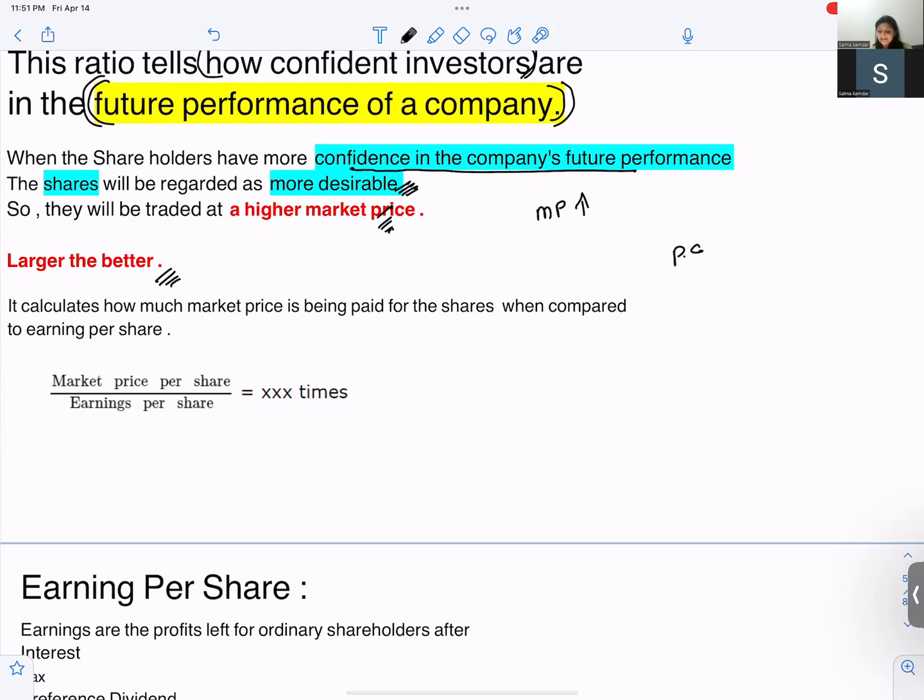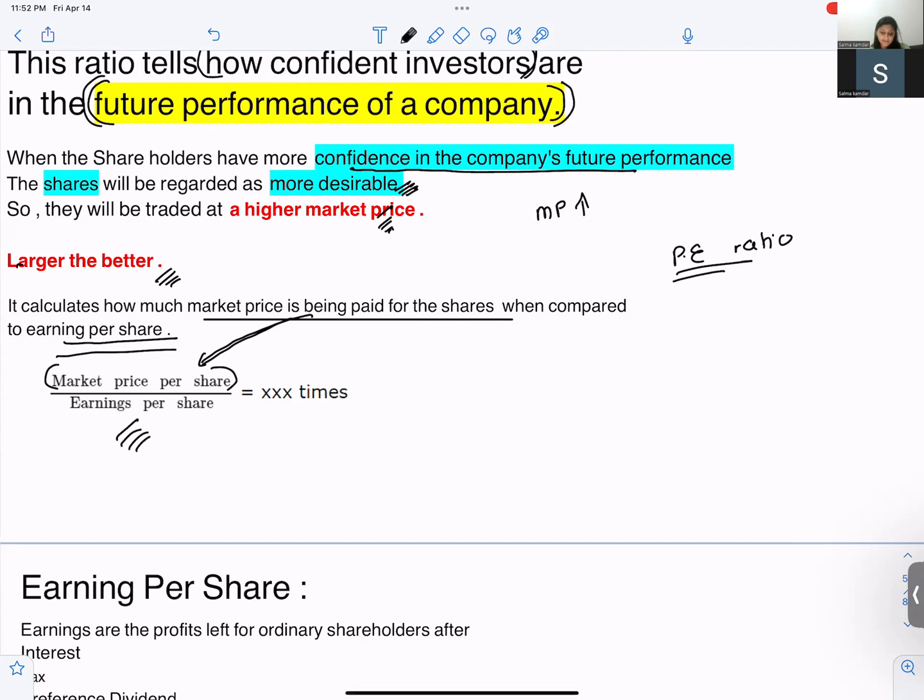What does the price earning ratio calculate? The price earning ratio calculates how much market price is being paid per share when you compare it with the earnings per share, and it is in times.